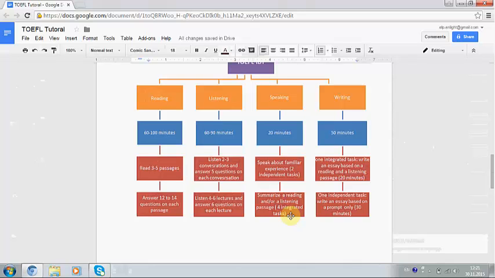Okay, now if we go to the writing part, the writing part lasts 50 minutes. This is my favorite because I love writing, but for some people it is really annoying because they lack ideas, and this also should be practiced and trained to express your ideas about any kind of topic.